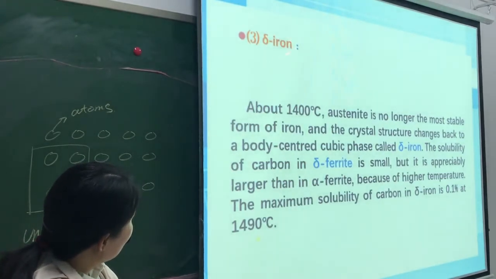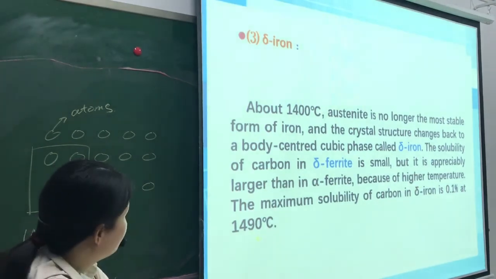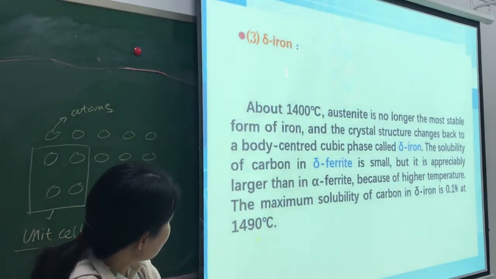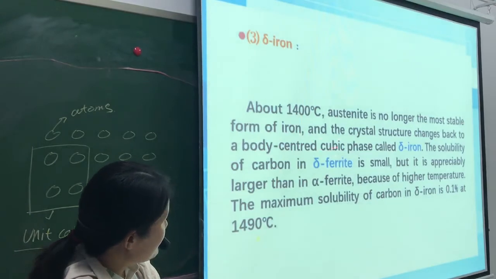Delta iron, we can also call it high temperature iron. It's also a BCC, body-centered cubic phase.